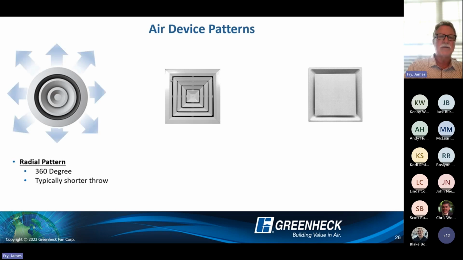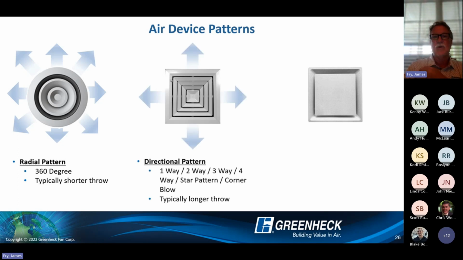Here are some air devices and their functions. We have round diffusers, which have a 360-degree pattern, typically a shorter throw but very uniform in 360 degrees. We have directional products, our 5500, which we call louver face diffusers. These can be ordered in different core patterns. You have a longer throw pattern as you reduce your blow from 4-way down to a 1-way pattern.